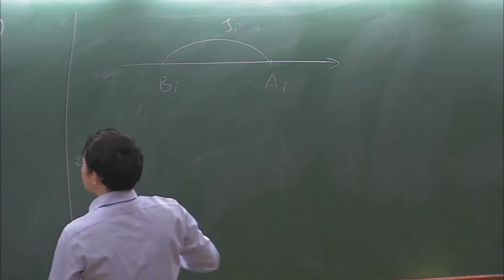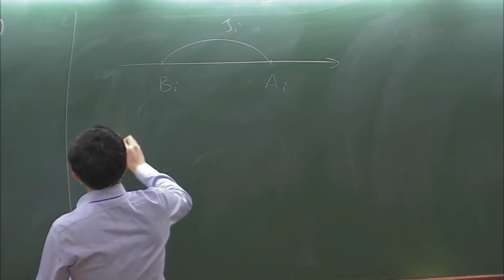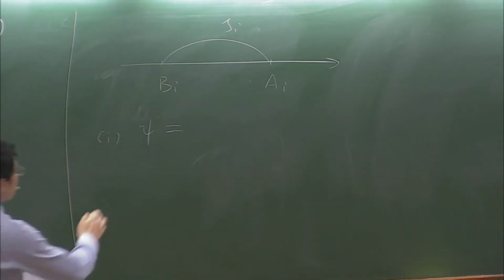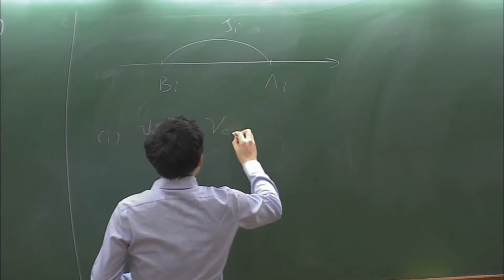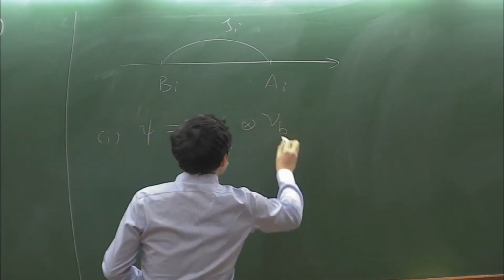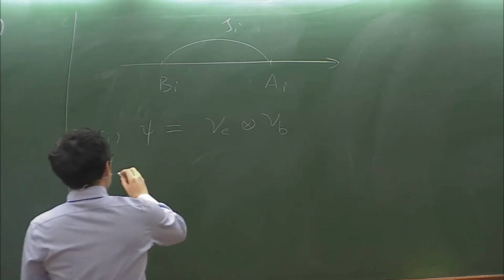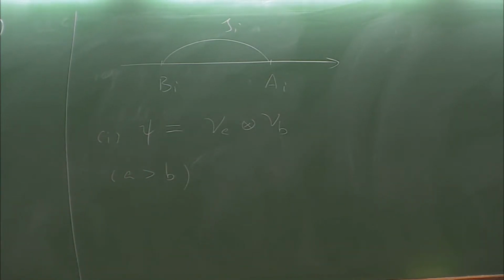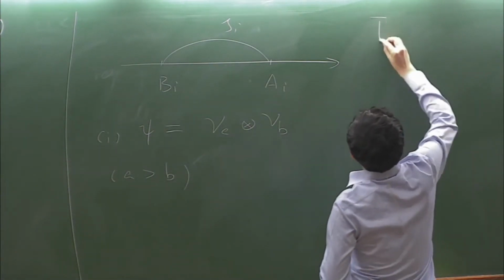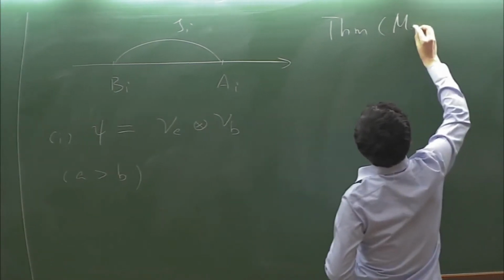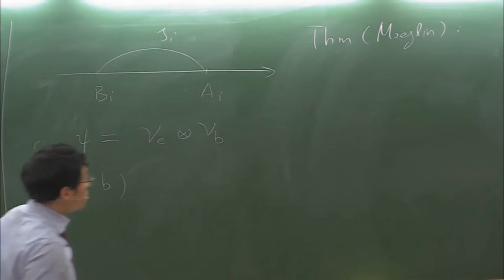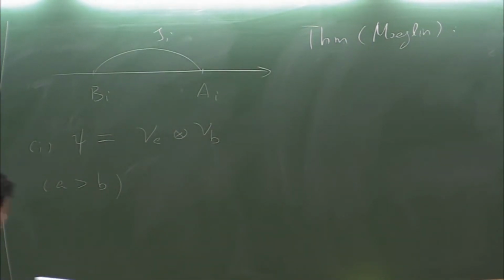Just to consider the simplest case, when you just have one irreducible component, let me assume that this A is bigger than B. Okay? So that's the simplest kind of A parameter. And in this case, we have the theorem of Mœglin, which describes the A packets very explicitly.